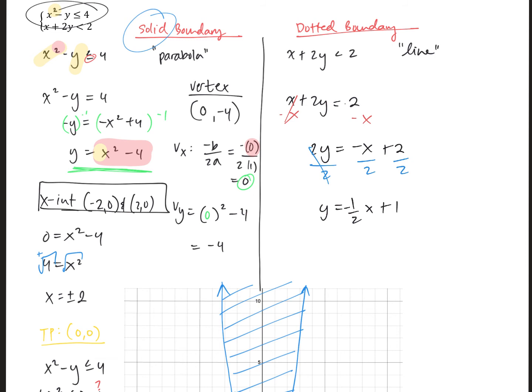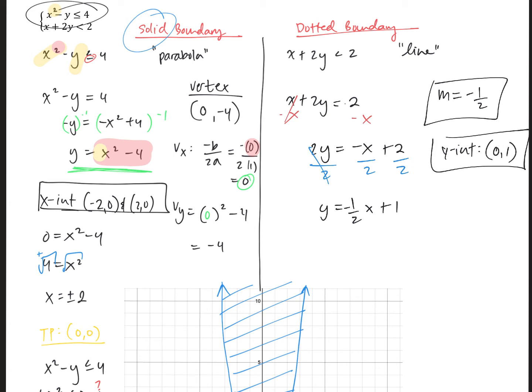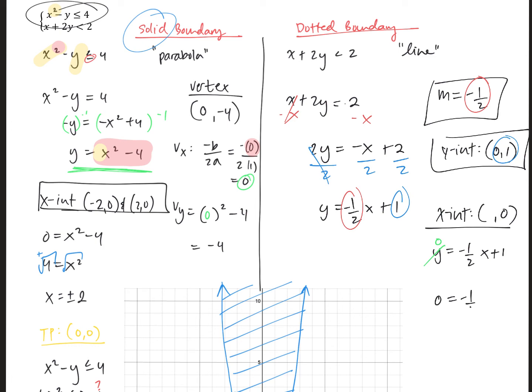So we have my slope, m equals -1/2, and then my y-intercept is 0, 1. Once again, I just got those straight off of here. Then I just need one other point, so my x-intercept. We'll go ahead and find that manually. Set y to 0. Using my equation, we get 0 equals -1/2 x plus 1.